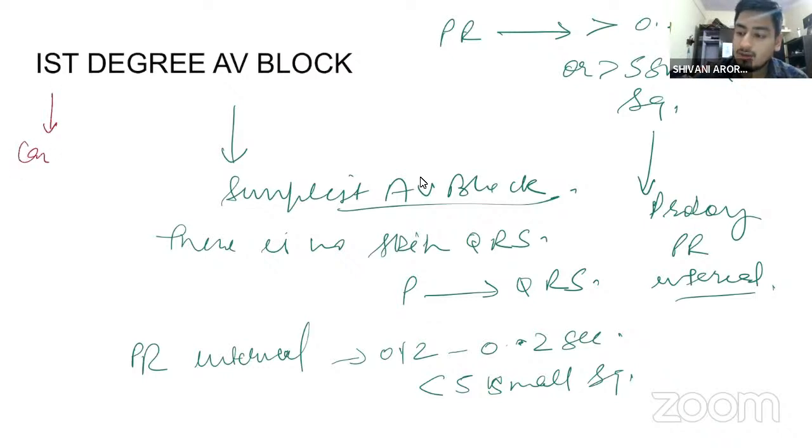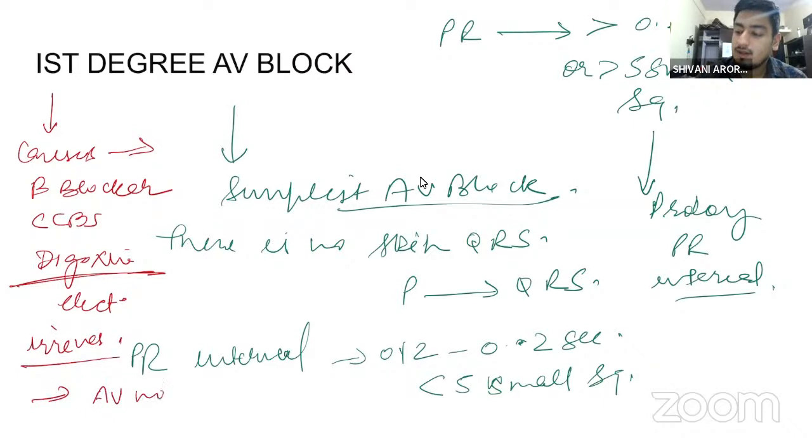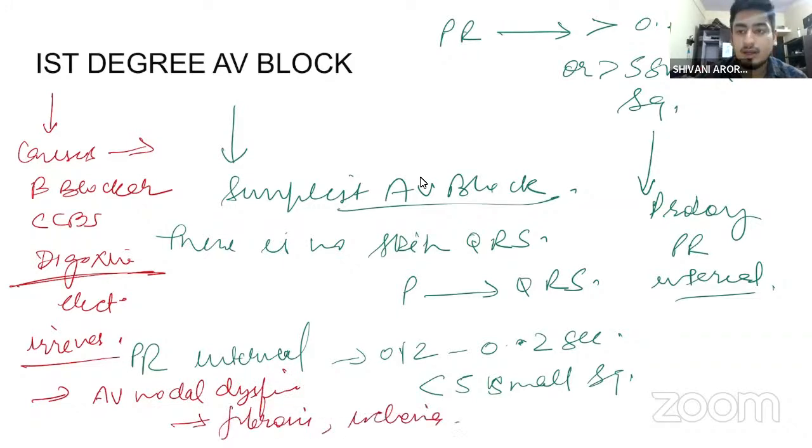Now the causes are mostly reversible causes for first degree AV block, like beta blockers can cause first degree AV block. CCBs can cause first degree AV block. Digoxin can cause first degree AV blocks. Electrolyte abnormalities can cause first degree AV block. In irreversible causes, we have this AV nodal dysfunction, which can be because of fibrosis, ischemia, infarct.